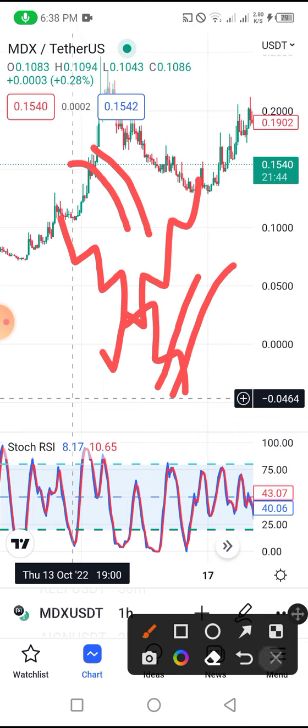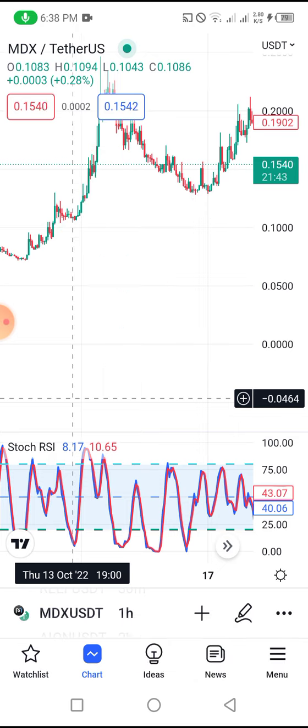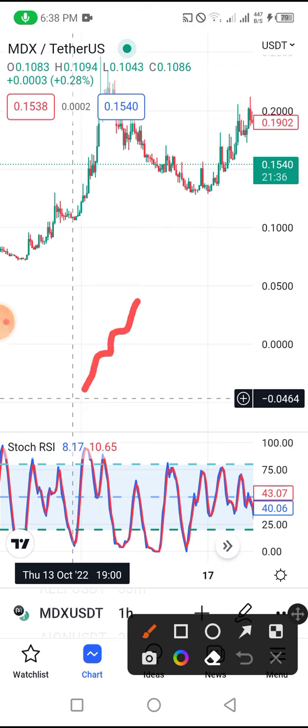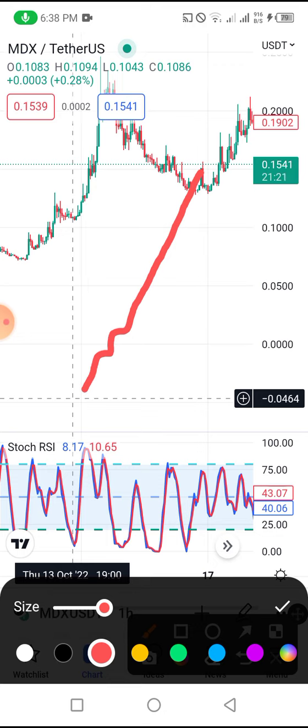Now, in an uptrend, the blue line runs over or above the D line. The blue line, or the K line, runs above the D line, what we call the red line. Like in this case, you can see that you're having two lines.